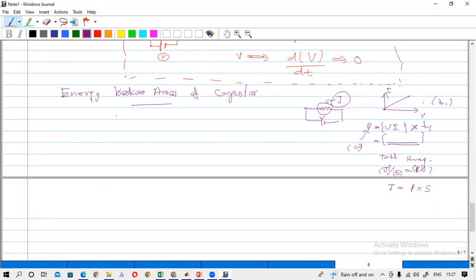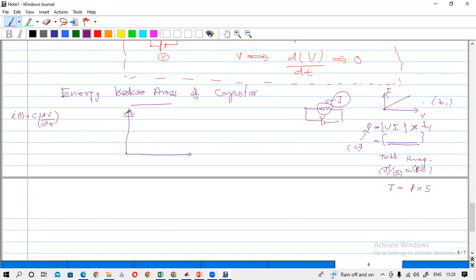If you consider the capacitor, it is somewhat hard to draw the VI characteristic. You can use I(t) is equal to C dV(t)/dt.